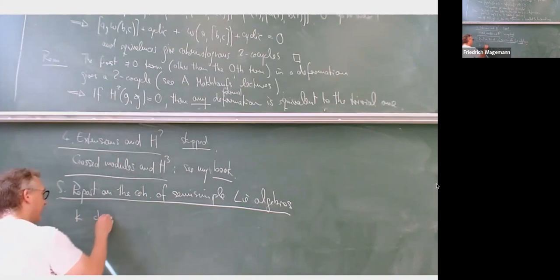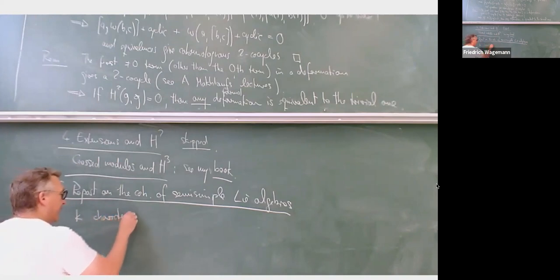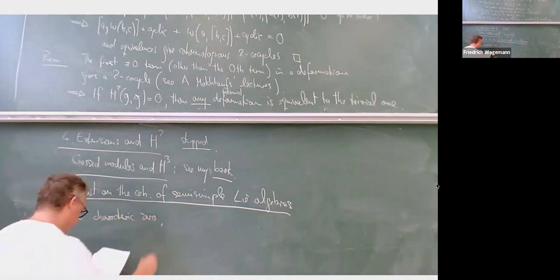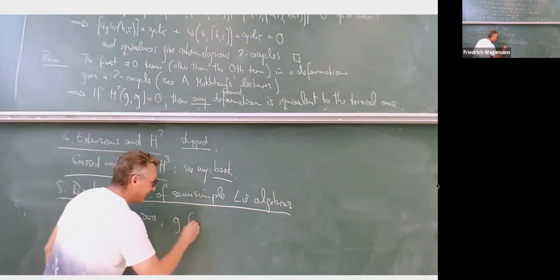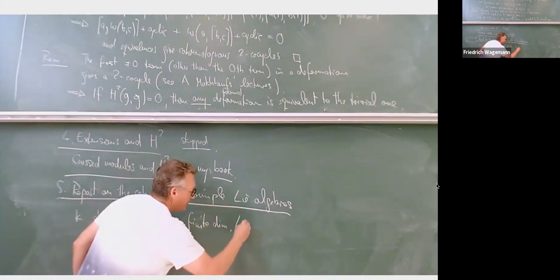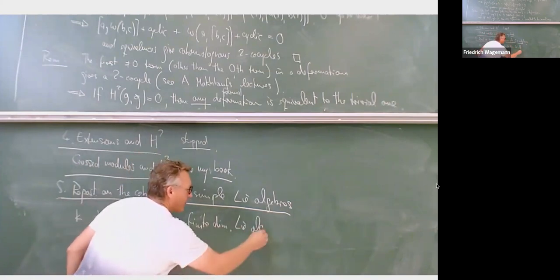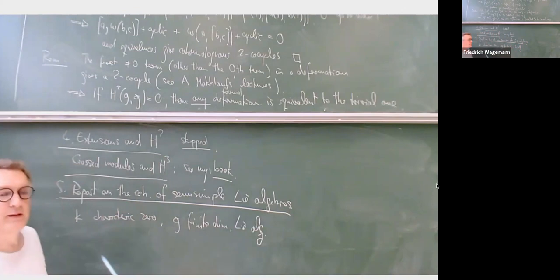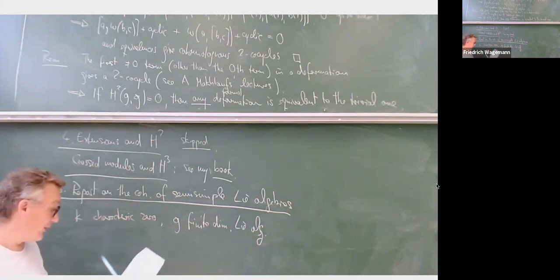So K is a characteristic zero field, and G a finite dimensional Lie algebra. And we have already seen in Karl De Kimpe's lectures what it means to be semi-simple.